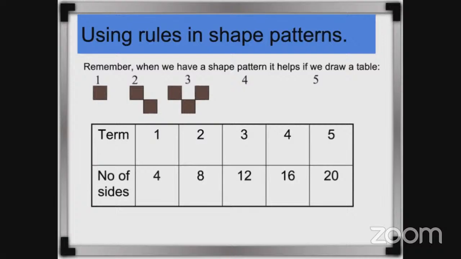Can I answer the question? Okay, go ahead. What question are you answering? So the fourth figure would have the square at the bottom right corner of figure 3, and that's how you get the four terms and the number 16 number of sides.